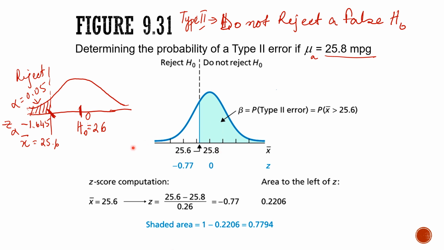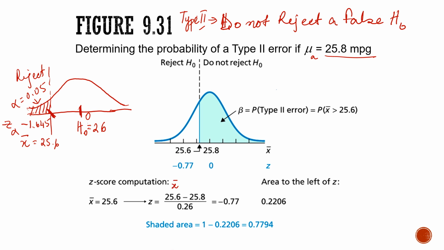All right, so the formula to find that is the same as finding any Z value, right? So x bar equals 25.6. Let me just put the corresponding values of the variable.